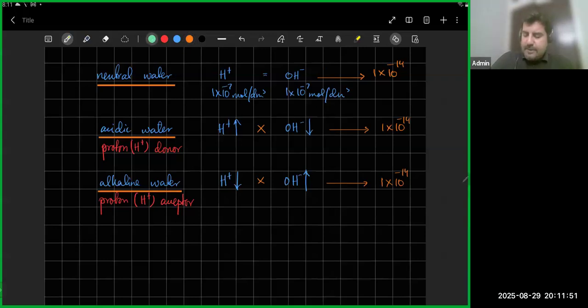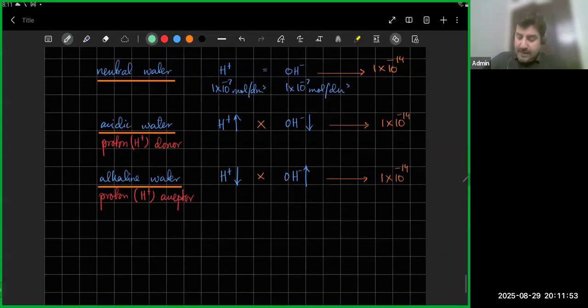is very important because all reactions are happening in water. Most reactions, not all, but most, have particles floating in water. So most reactions happen in water.